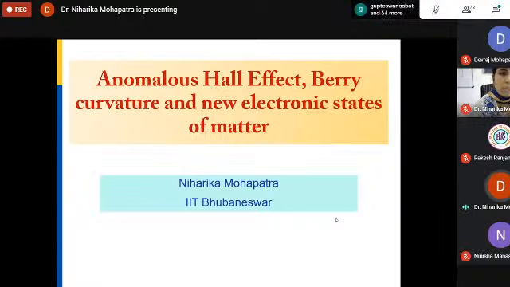I'll show you the connection between the anomalous Hall effect and Berry curvature, which is like a quantum mechanical phase, and how we connect the Hall effect with this Berry curvature, and then specify different types of electronic states out of this.